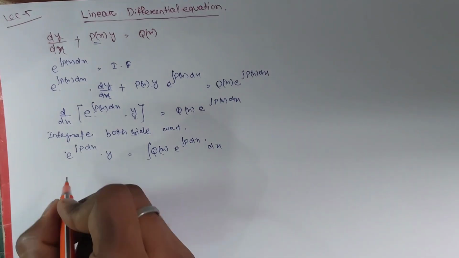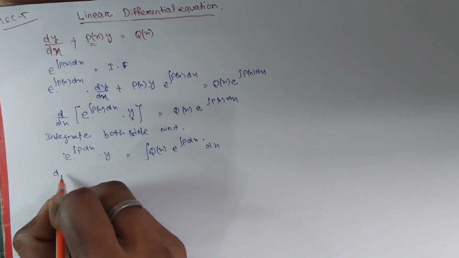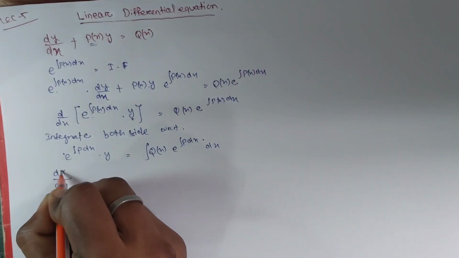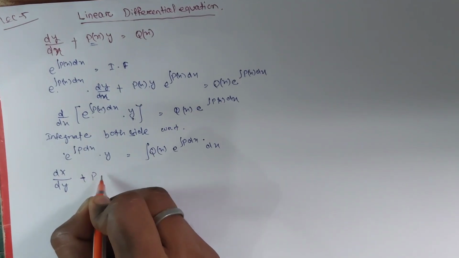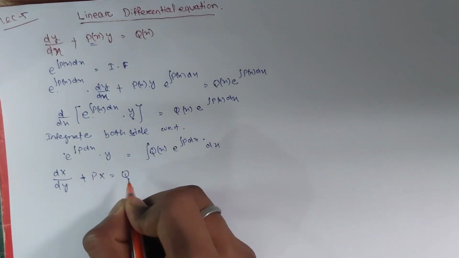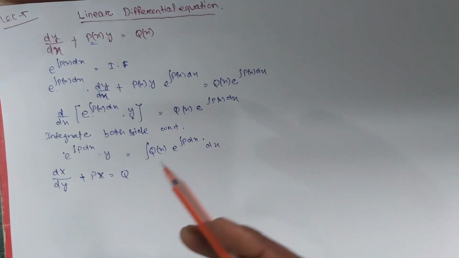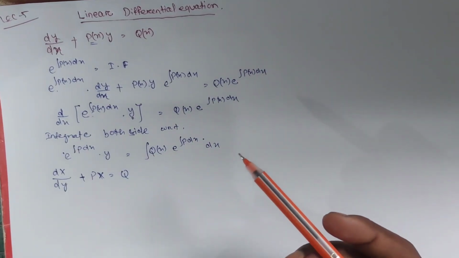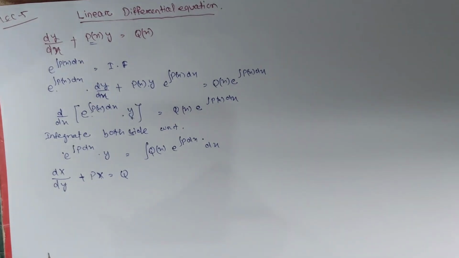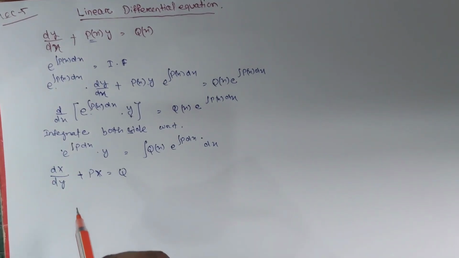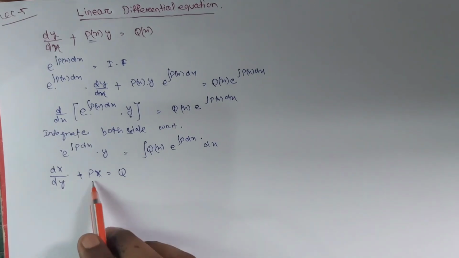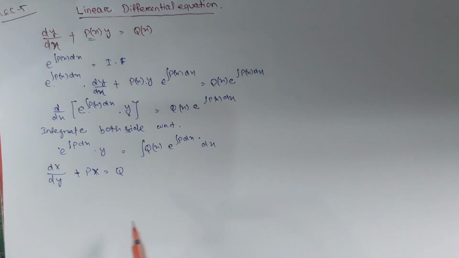Okay, after solving this integration, we get the solution of the differential equation. And if the differential equation is of the form dx/dy + Px = Q, then it is another form of the same linear differential equation, but here P is a function of y or a constant, and Q is a function of y.